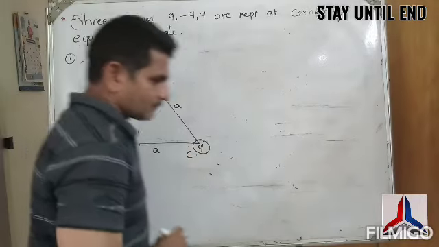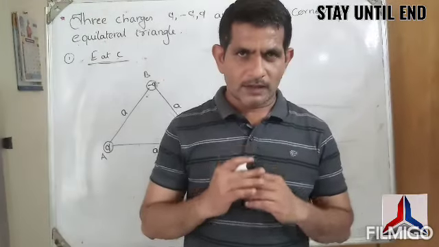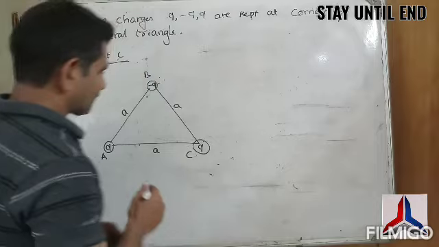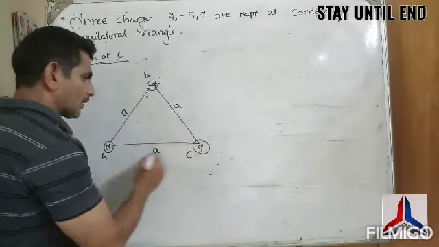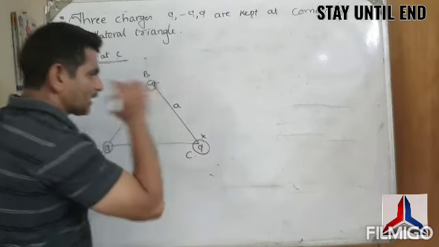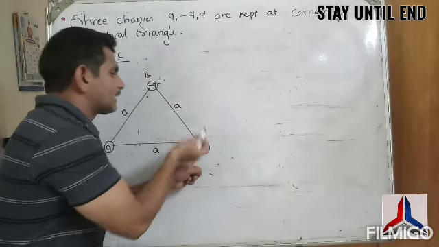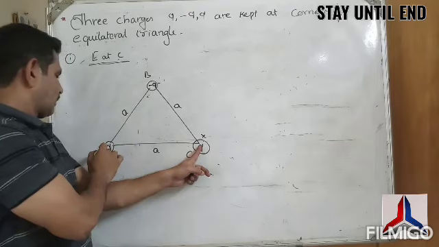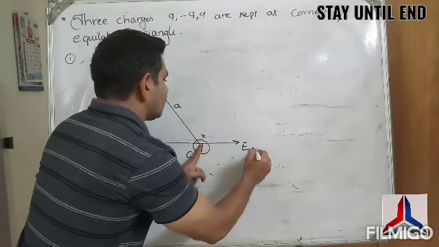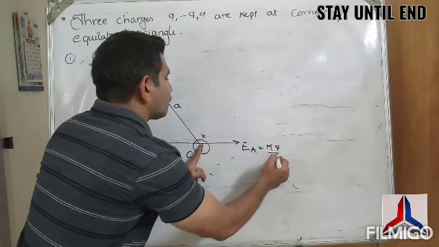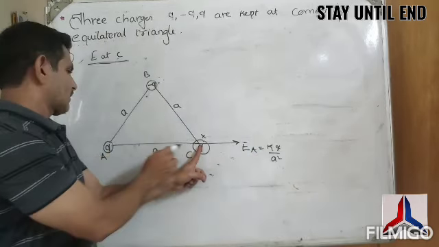So at C, what is the electric field intensity? First of all, this charge cannot produce an electric field intensity at that point. Now we go to this one. This is a positive charge, so the electric field intensity is directed away from the positive charge.